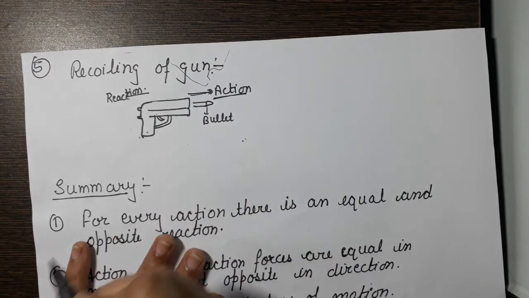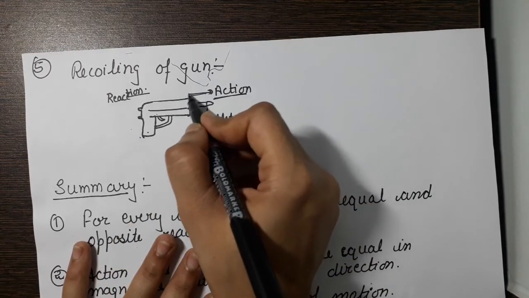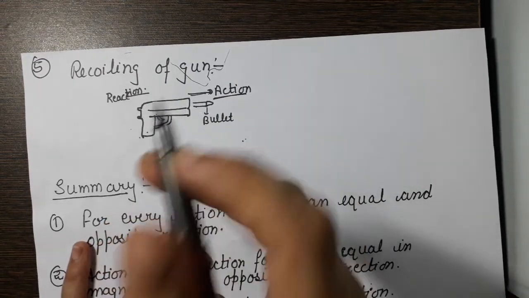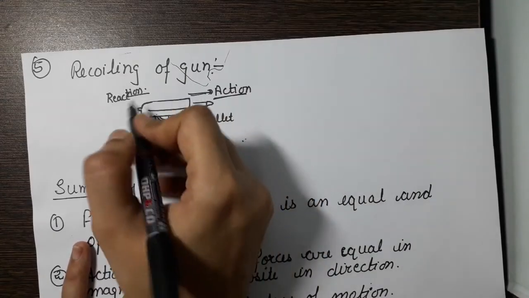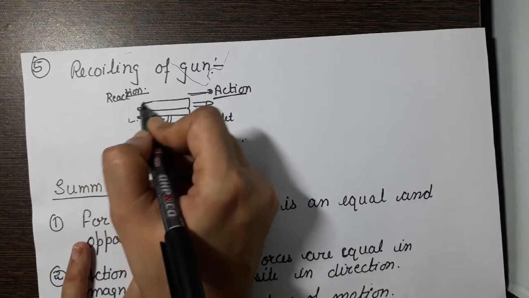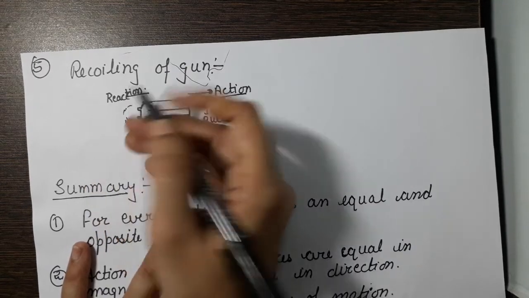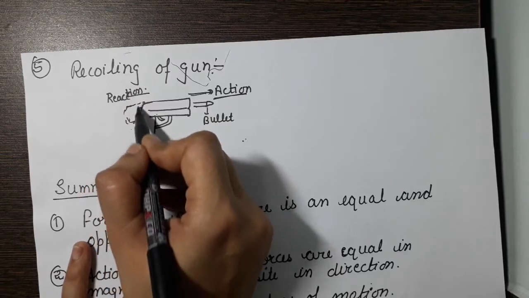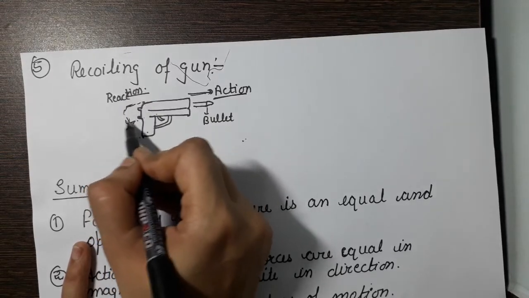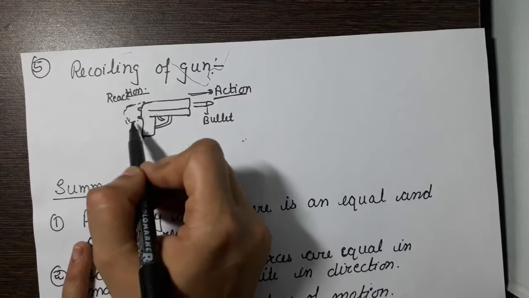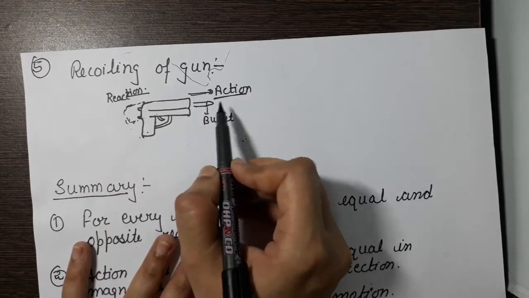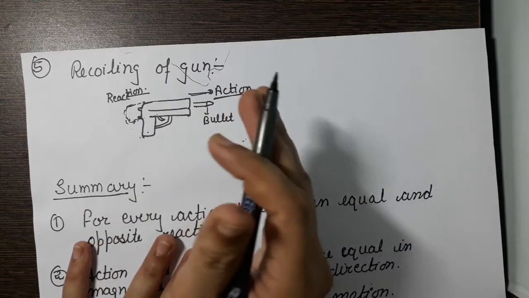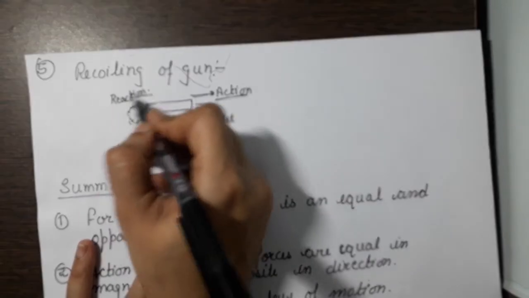Now in the same way, the bullet is applying some force on the gun when it moves in the forward direction. And what will happen when the bullet moves? The gun will recoil back to some extent. The gun will also move some backward distance. It will be a very small distance, not as large as the bullet travels, but the gun will also recoil. So this is the reaction.